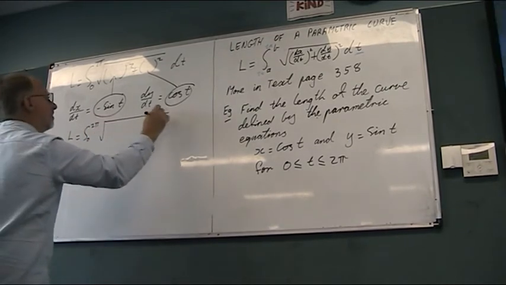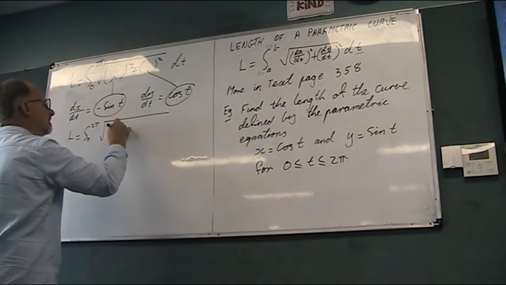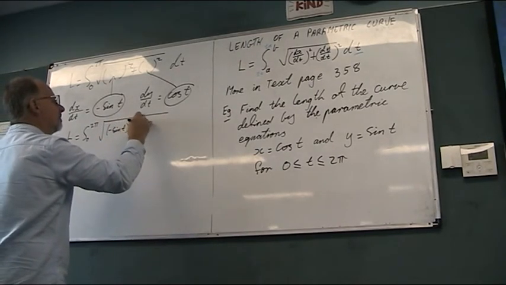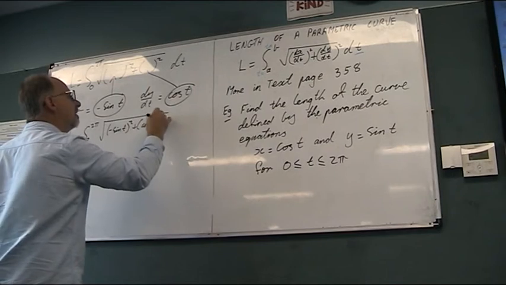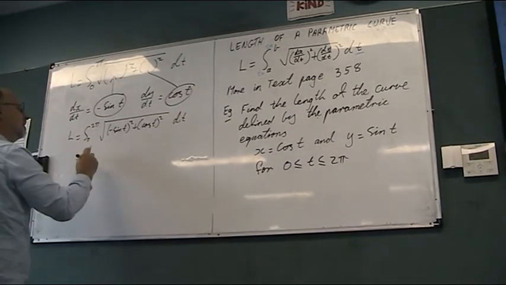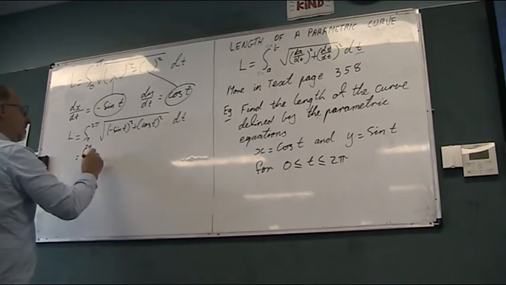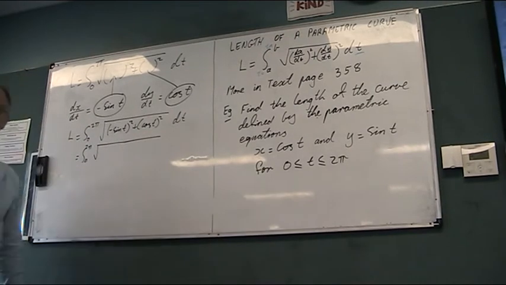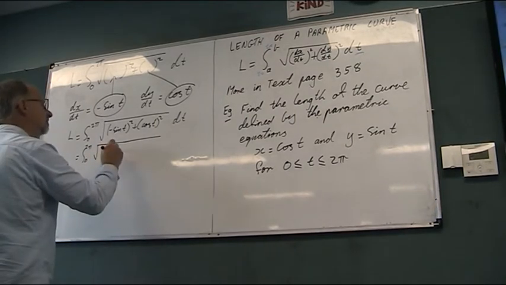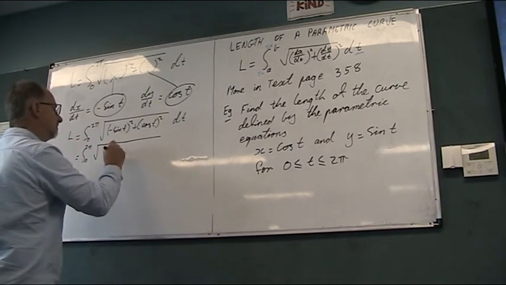Square root of negative sine t squared plus cos t squared. Negative sine t all squared is sine squared t.